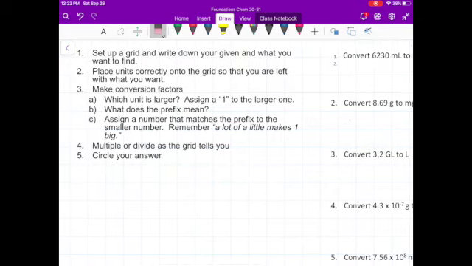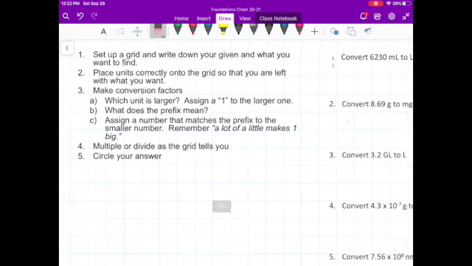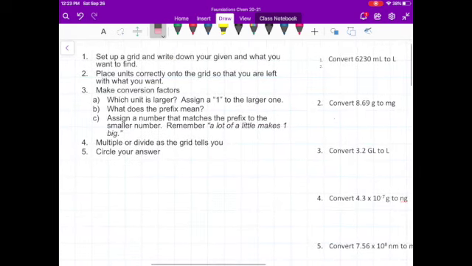Okay, step 1 in the dimensional analysis grid says to set up a grid and to write down what you're given and what you want to find. Oops, I spelled "you're" wrong. Y-O-U apostrophe R-E, I apologize. And this first problem we're going to do is convert 6,230 milliliters to liters.